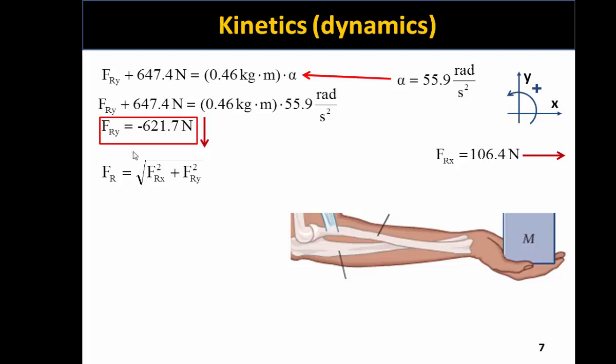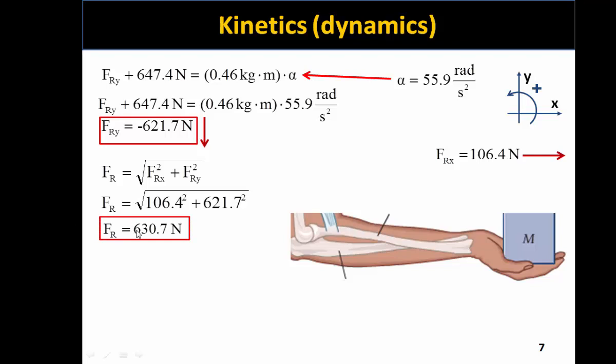So the last few steps here: we calculate the magnitude of the resultant. We use Pythagoras' theorem, so by substituting the values for Frx and Fry, squaring them, summing them, and computing the square root, we find a resultant magnitude of 630.7 newtons. Now, in terms of its position and its direction, we take the arctangent of Fry over Frx.